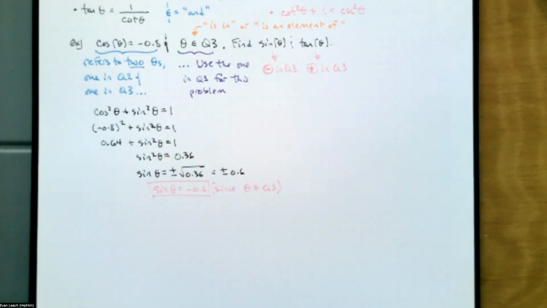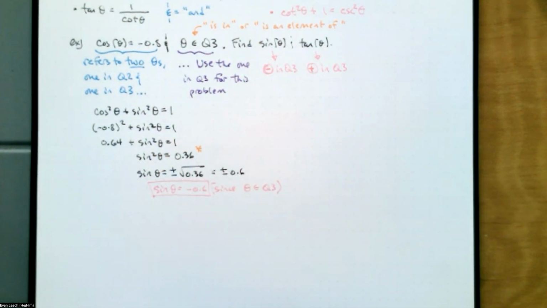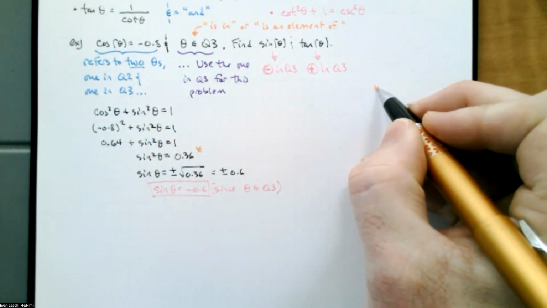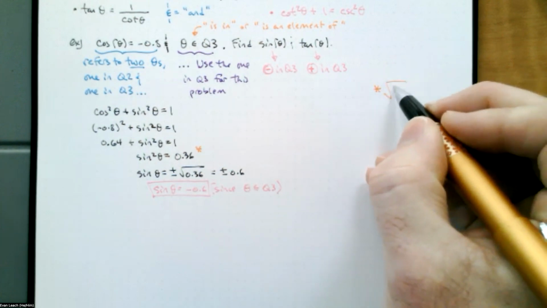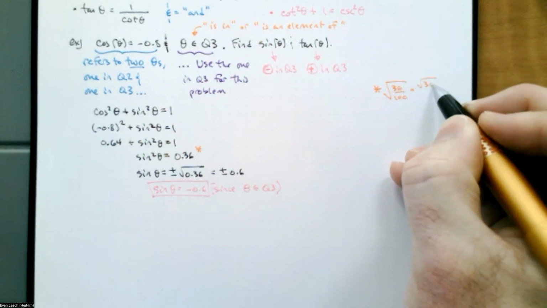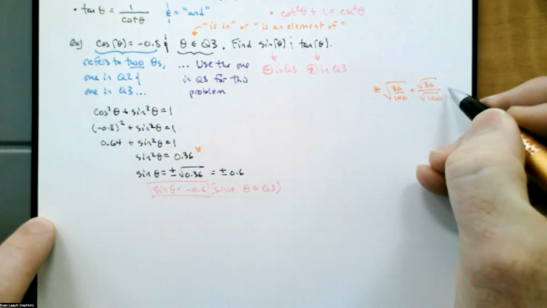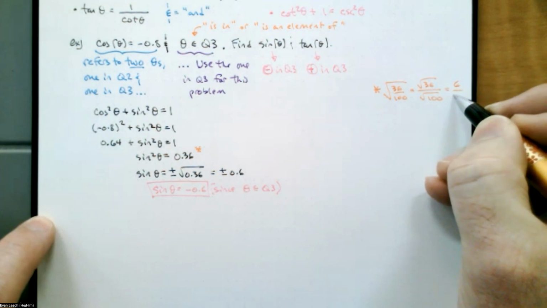That's the reason, because it was a 1 over 100, 2 decimal places with the 36. Square root of 36 is 6. Square root of 100 is 10.